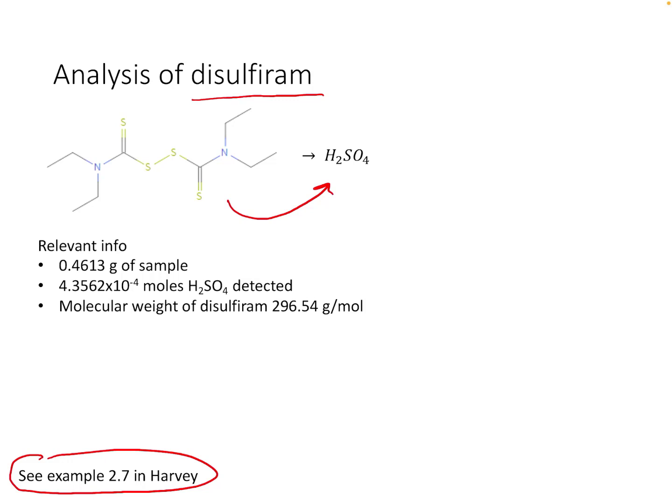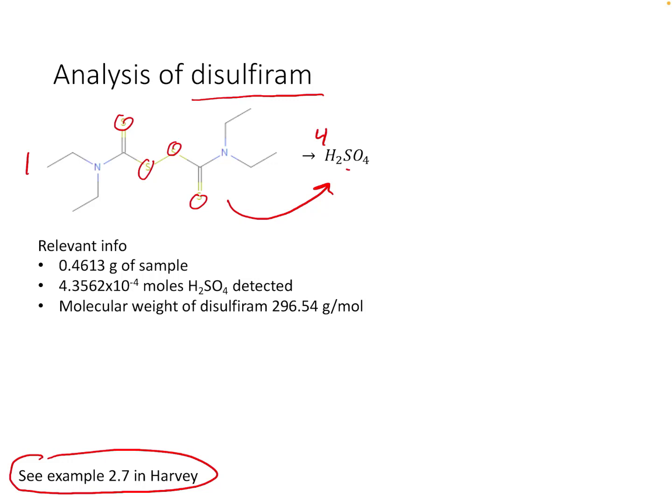So regardless of what the other molecules are in the complete balanced equation, we know that one disulfiram is going to create 4 sulfuric acid molecules, because we see that there are 4 sulfurs here, and there's obviously only 1 sulfur in sulfuric acid. So regardless of what the rest of the chemical equation is, we know the stoichiometric ratio of disulfiram to sulfuric acid is 1 to 4. So we can proceed with this analysis without knowing the complete balanced chemical equation.